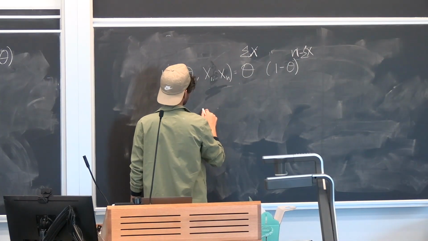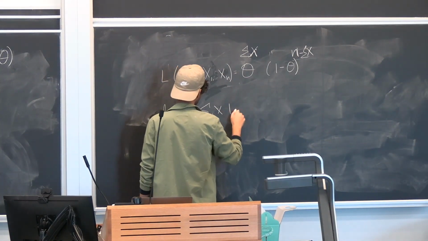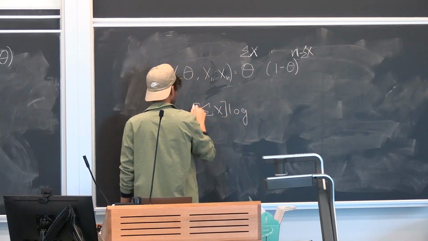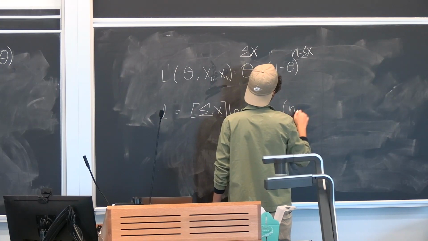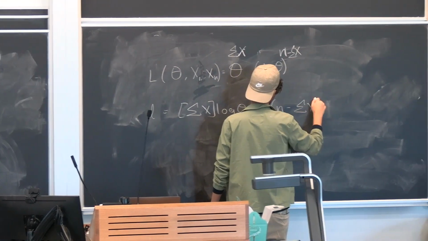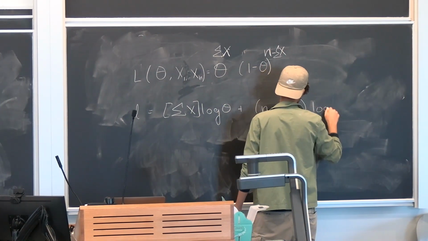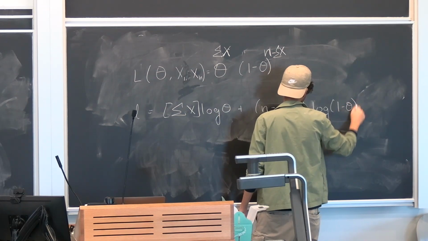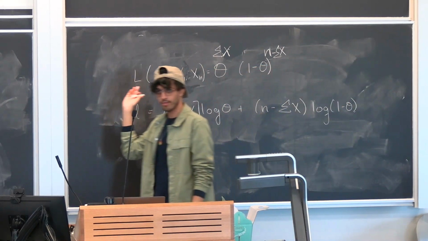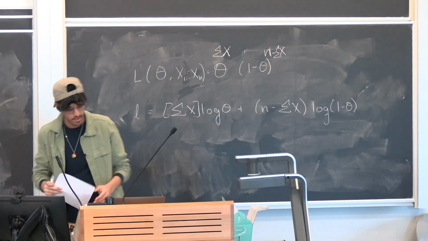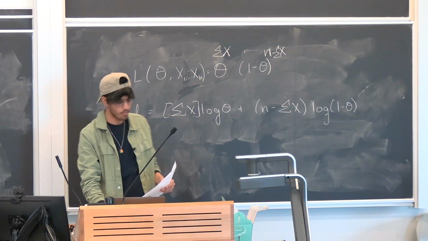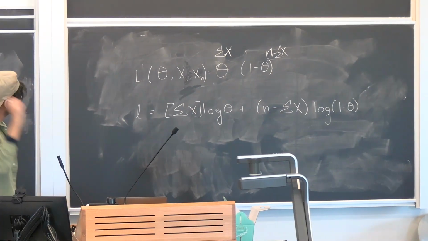It would just be the log of this, right? So it would be the summation of x log theta plus n minus the summation of x log 1 minus theta. That's all I did. I just took the logarithm, right? Let's make sure that actually makes sense with the slide. It does. Point number 2. Cool. So we have this log likelihood.